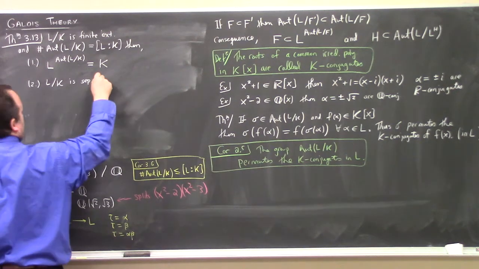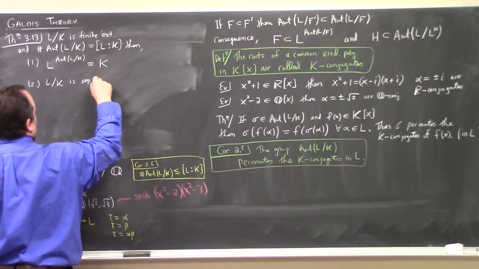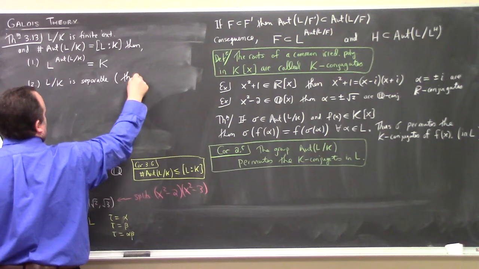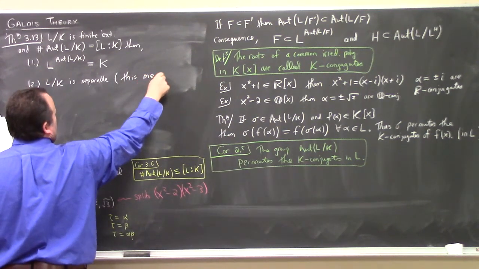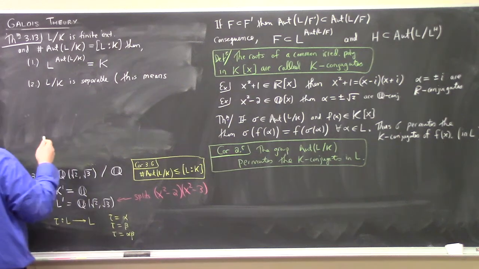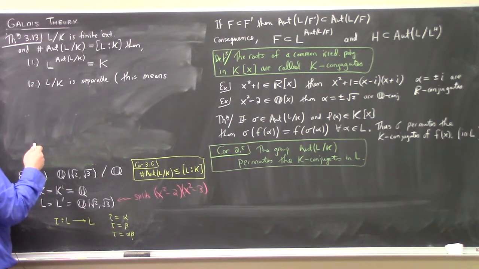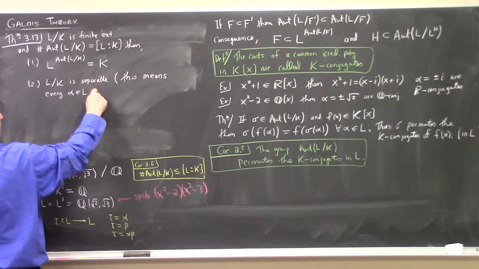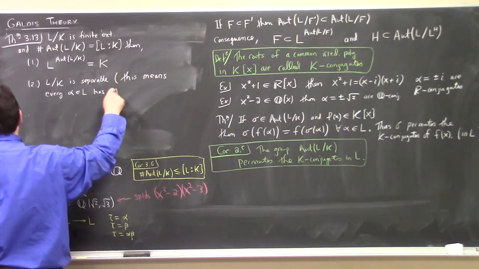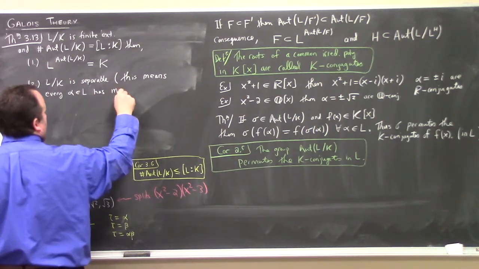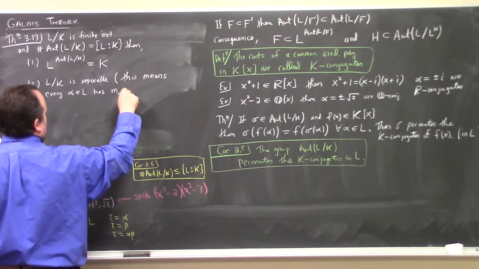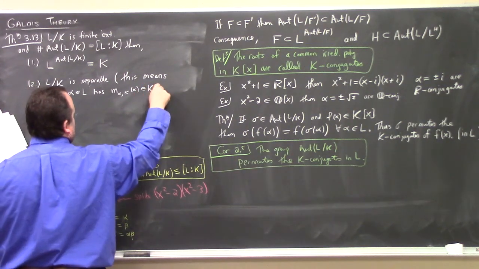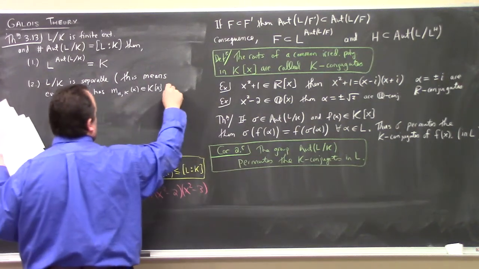This means, because I don't think we actually defined it, well, I guess we did, but I've forgotten it, every number in L has a separable minimal polynomial. Every alpha in L has m alpha over K of x in K of x separable.